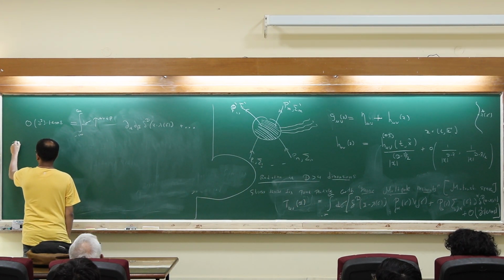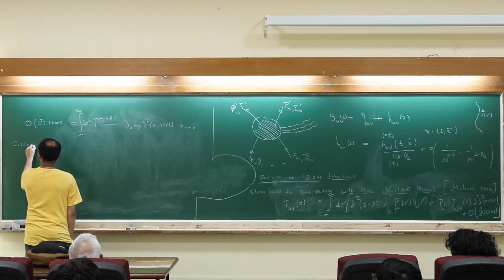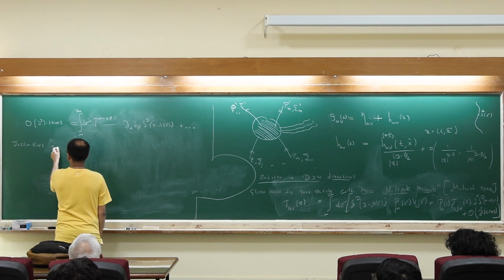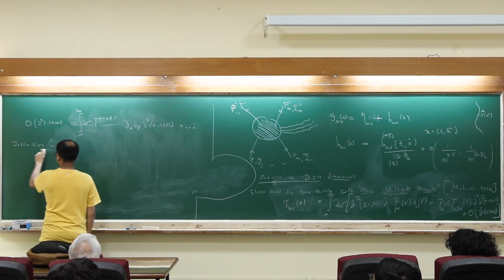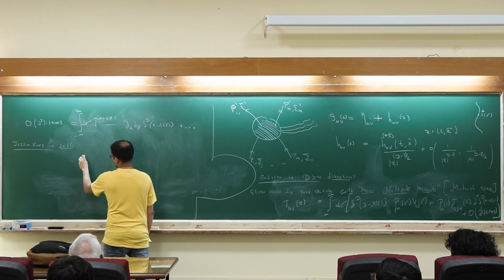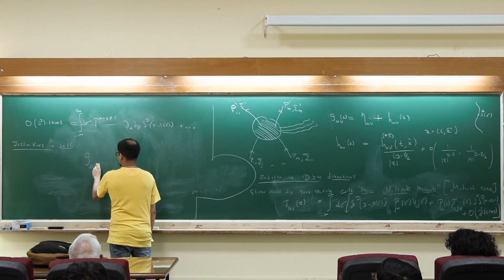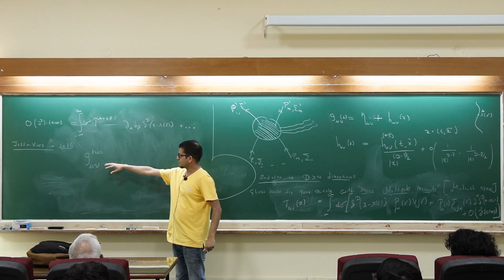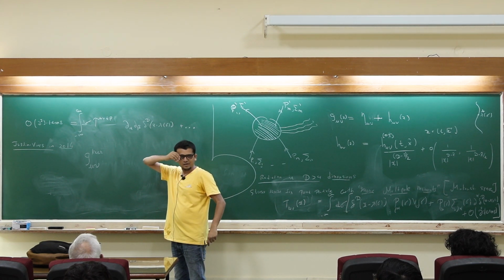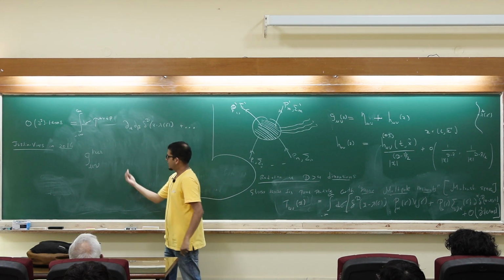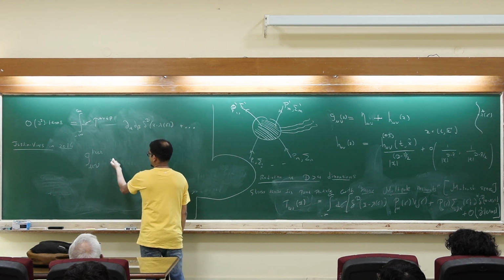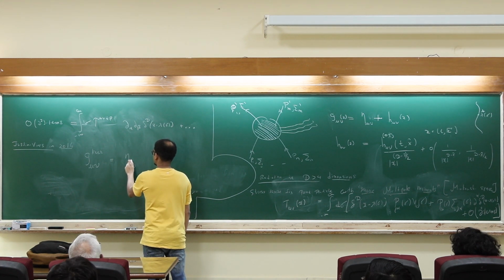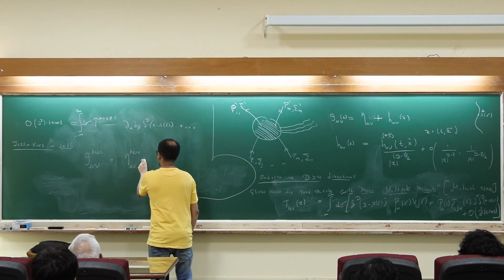So Justin Wines showed the following: if you take the metric of the Kerr black hole, and I'm interested in looking at the Kerr black hole from a large distance. Has everyone at least heard of what a Kerr metric is? It's like Schwarzschild plus spin of the particle. If you look at the metric of a Kerr black hole at large distance, it will look like flat metric plus some correction term.